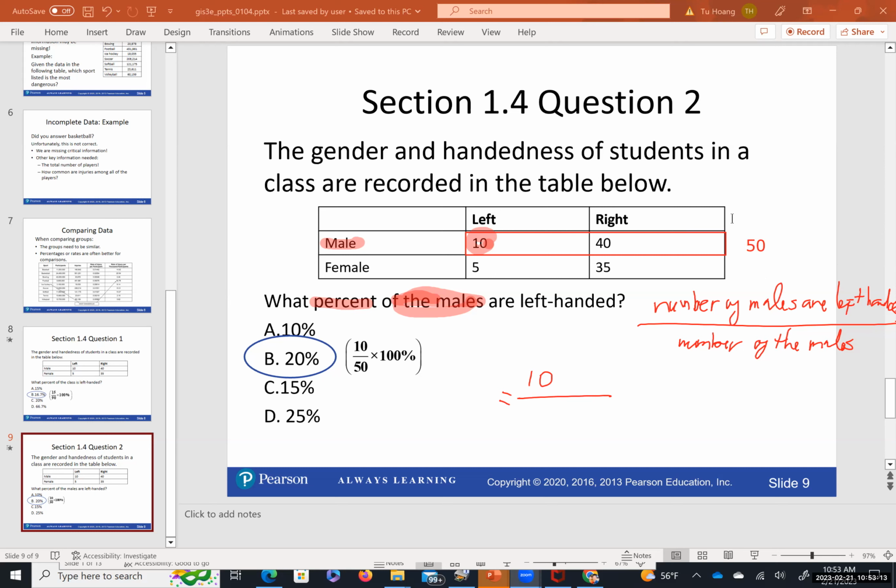So the total male is going to be 50. So you will have 50 here, and then don't forget to multiply by 100%, and you get 20%, right? And again, if this question is asking for a proportion, you don't multiply by 100%. Okay.